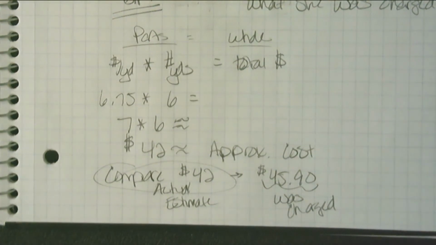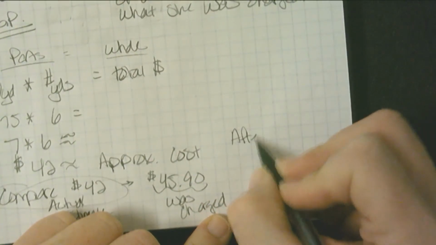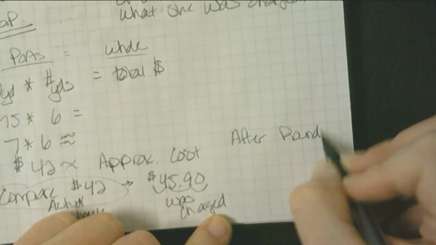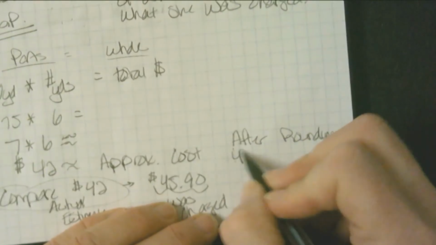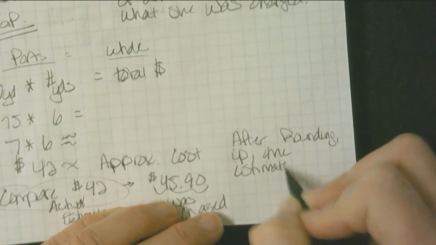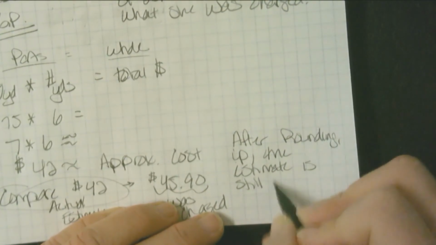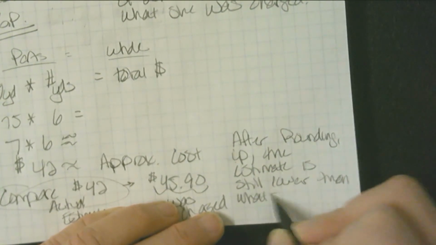All right, and I might say something like Layla did. The explanation is when we did our rounding, we rounded up, we came up with 42. They were much higher than that estimate. So I might say something like, after rounding up, the estimate is still lower than what she was charged.